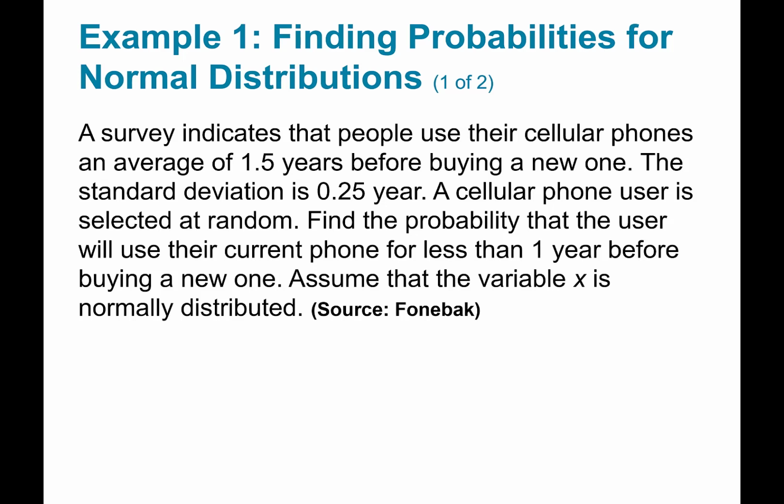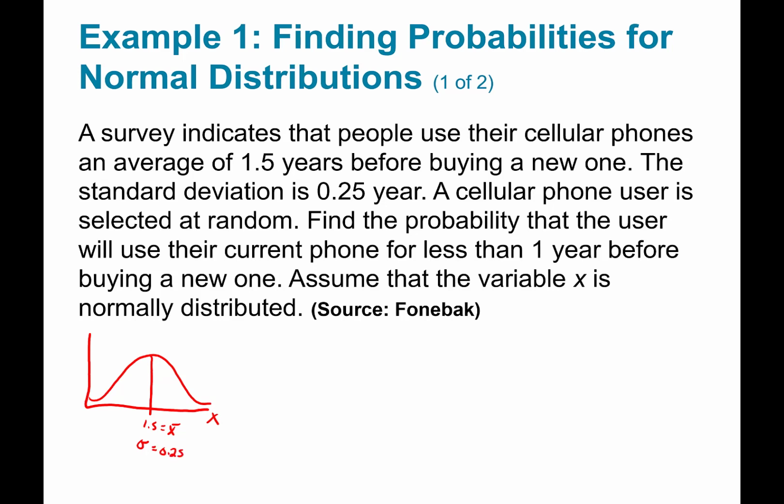The idea behind this is the same process that we did before. The first thing you want to do is sketch this normal distribution out. So I draw out some normal random variable x, and I know my mean is 1.5 years. I know the standard deviation is 1/4 of a year.